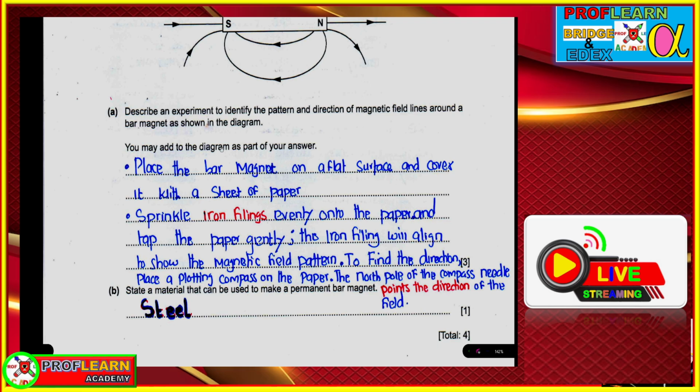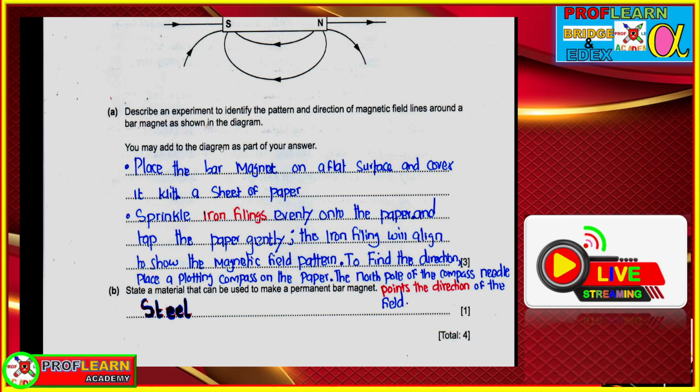Once you have placed it on a flat surface, you cover that magnet with a thin sheet of paper. Then you sprinkle iron filings evenly on the surface of that paper. Then you tap it gently. All the iron filings will rearrange themselves in a pattern, and that pattern is going to represent the magnetic field.